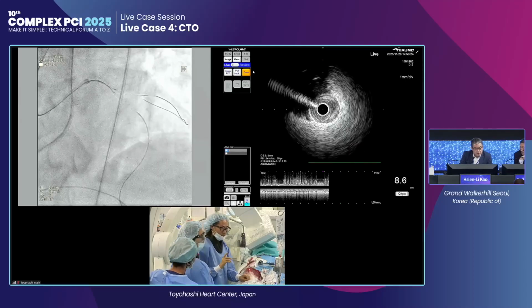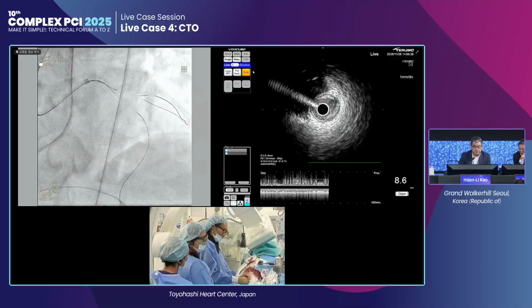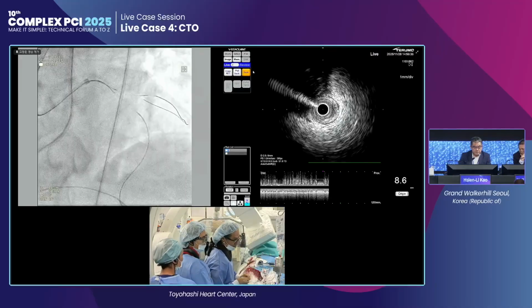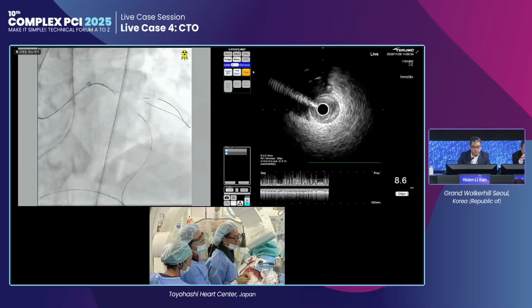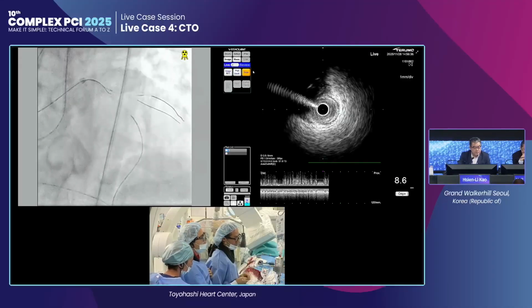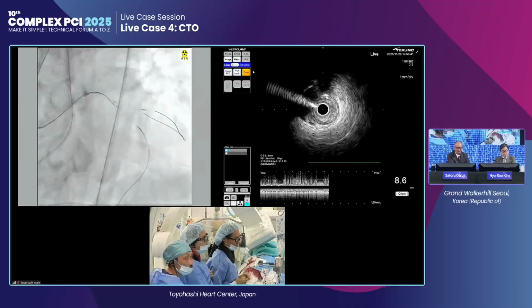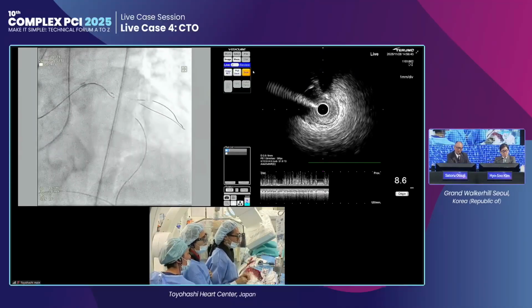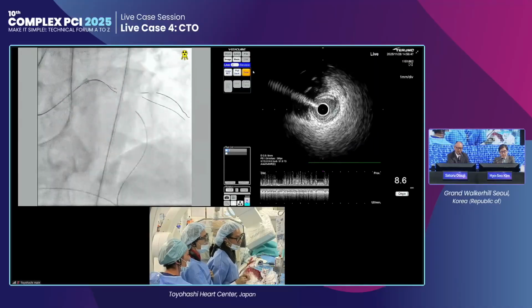This is one choice. However, it was very tough to advance the microcatheter to the LAD. So I think it's almost impossible to advance a double lumen catheter from the retrograde. I'm not sure that a double lumen catheter can pass this tiny channel. Not through retrograde, but through antegrade.